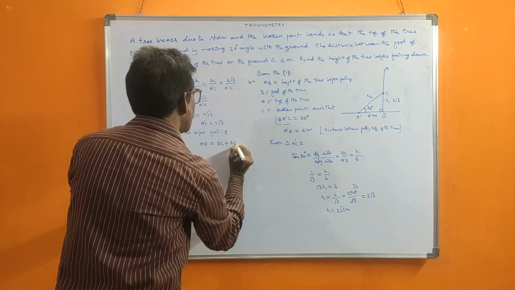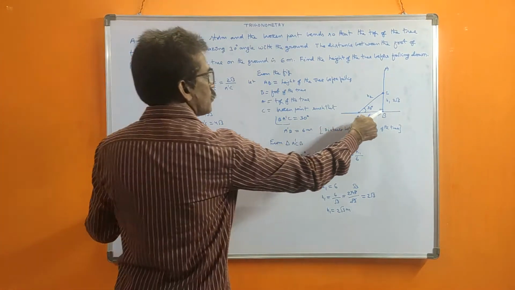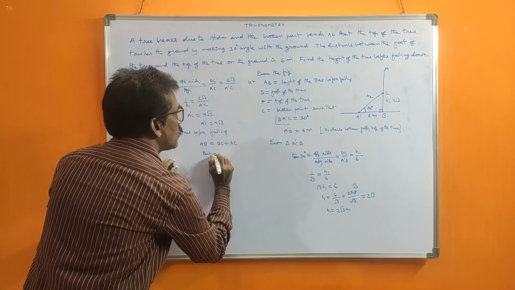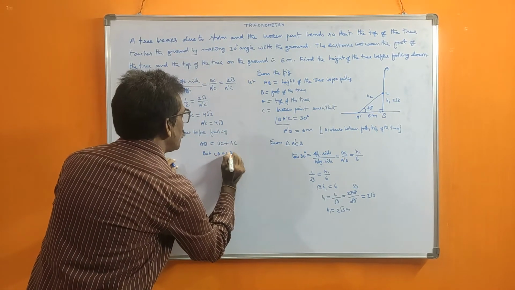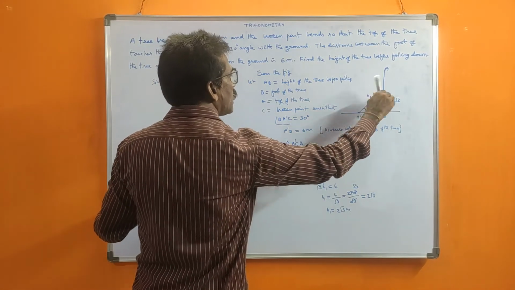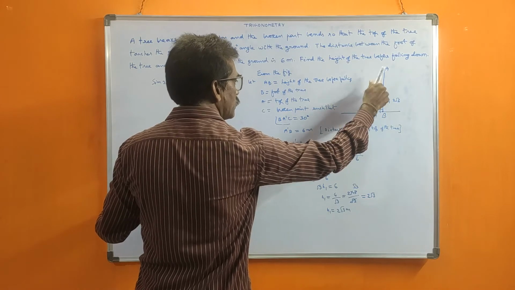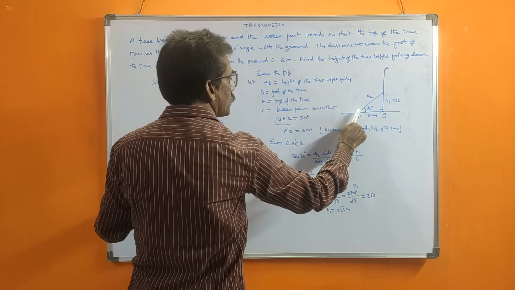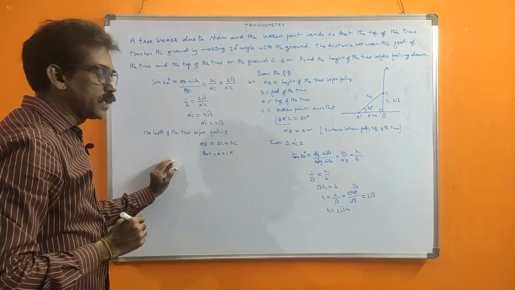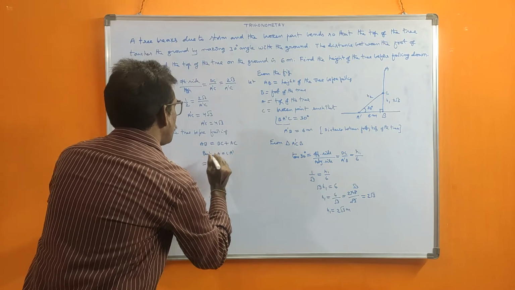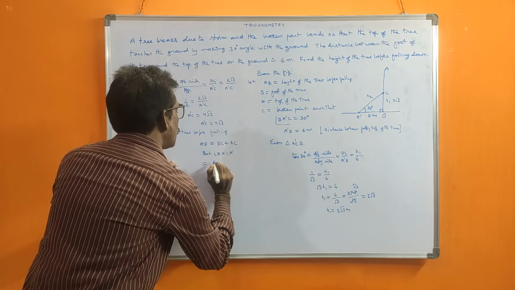But CA is equal to CA dash, because this part only, after falling, touched here. This point coincides here on the ground where it touched. That's why it changed.